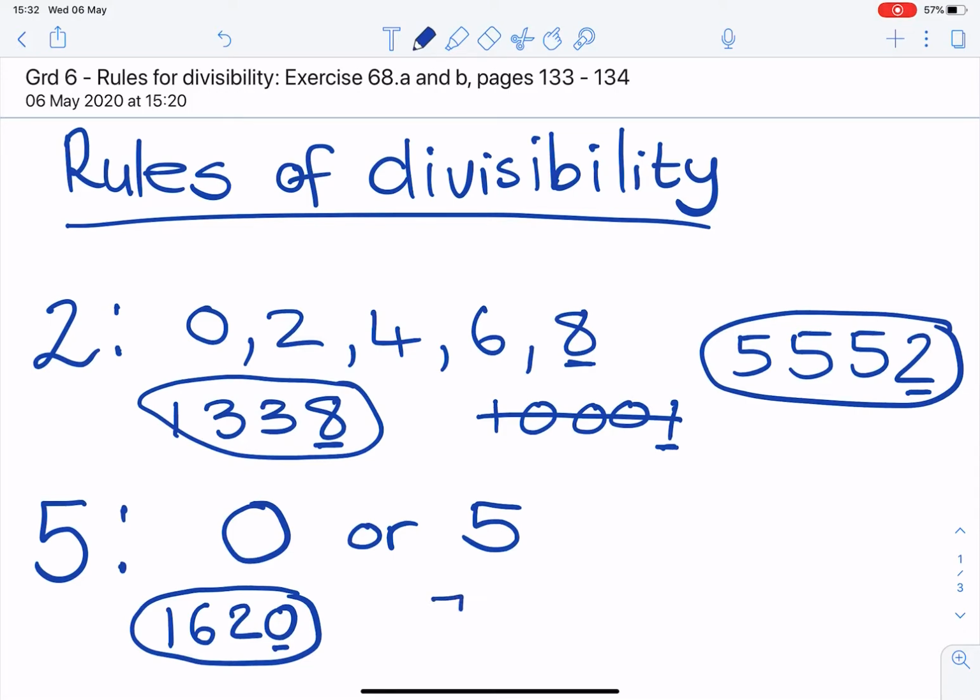If I've got 705, it ends in a 5, I know that I can divide that number by 5. So as long as it ends in a 0 or a 5, you know that you can divide it by 5. You know that 5 is a factor of those numbers.